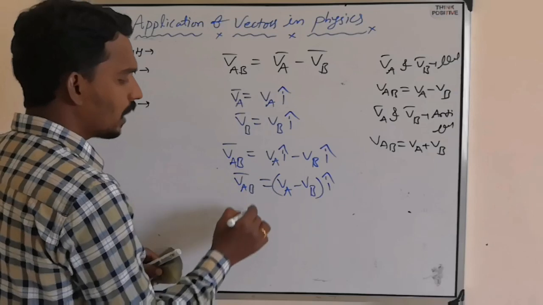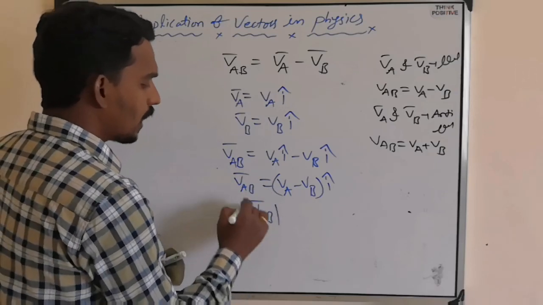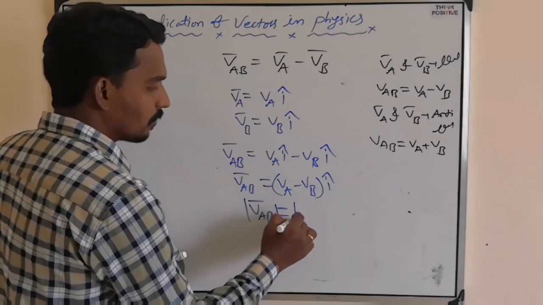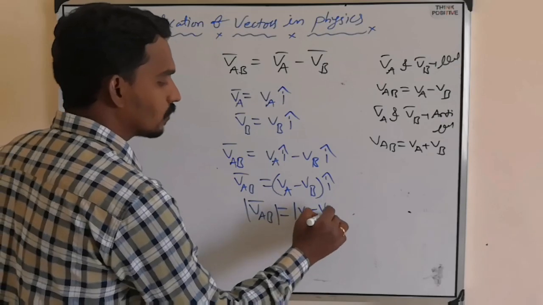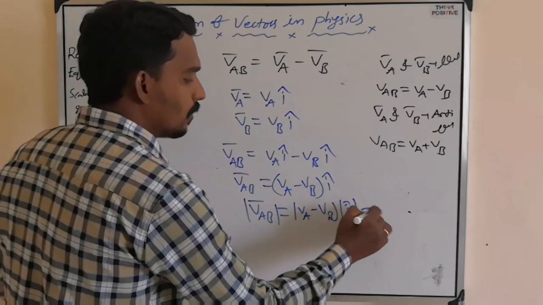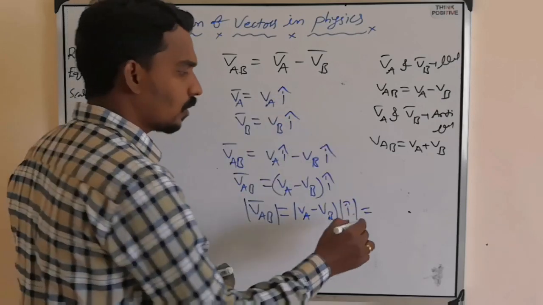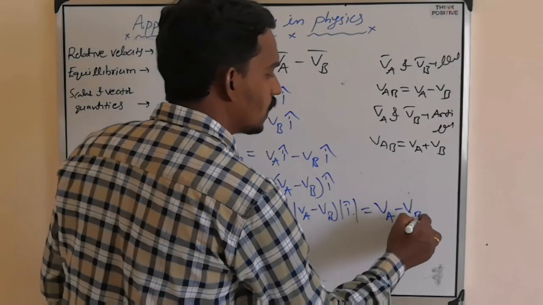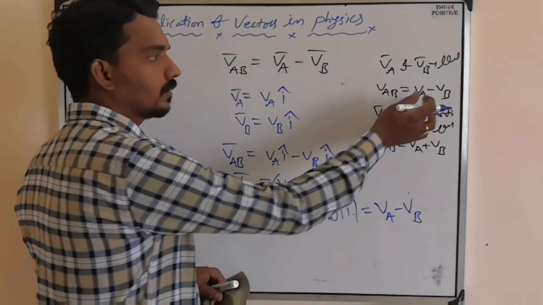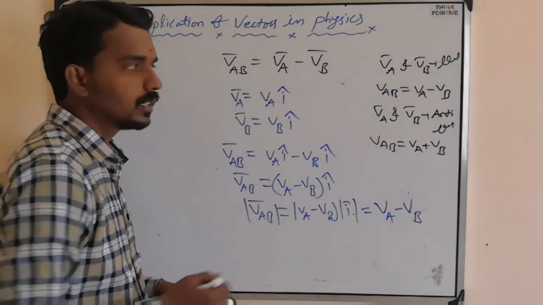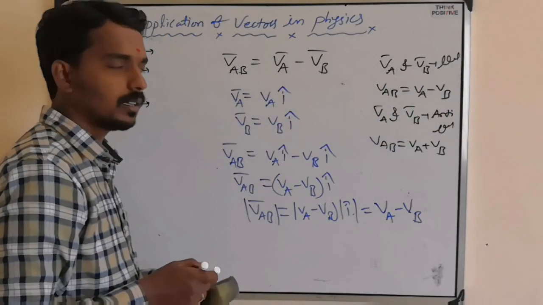This is VAB bar. Then the magnitude of VAB bar is the magnitude of (VA minus VB) I cap. But what is the magnitude of I cap? 1. So the magnitude is VA minus VB. This is when they are parallel.